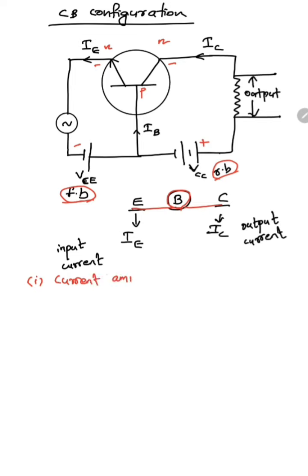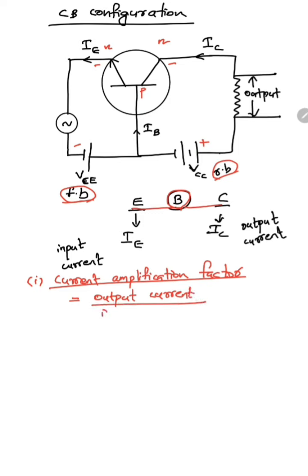In all configurations, we are deriving the expression for current amplification factor. From the name itself, it is clear that it is an amplification factor of current. So how can we find the amplification factor? Amplification factor is always obtained as output current by input current, or the ratio of output current to the input current is called current amplification factor.